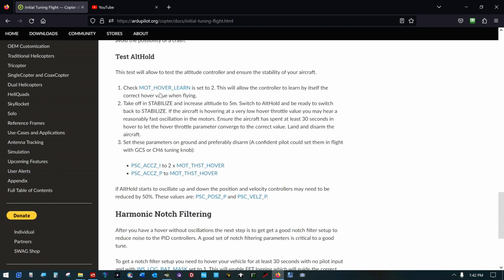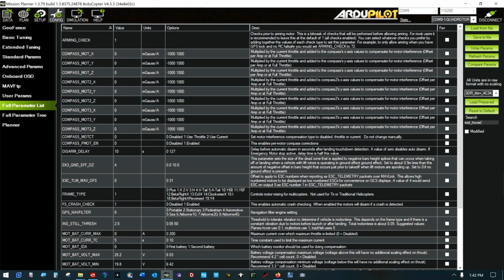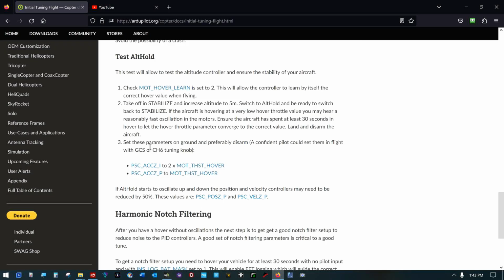I didn't know that motor hover learn even existed. So I went into here and looked, and sure enough, there it is. And it's set to 2 by default. So it is enabled. So I don't know what it did to the values, because I didn't actually follow this procedure. I was just checking it to see if it worked sufficiently for an auto tune.